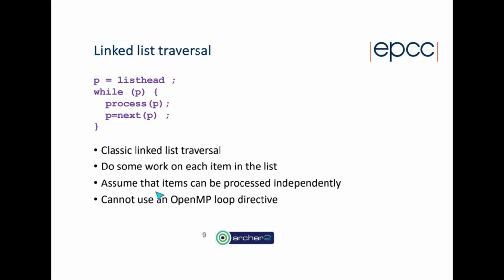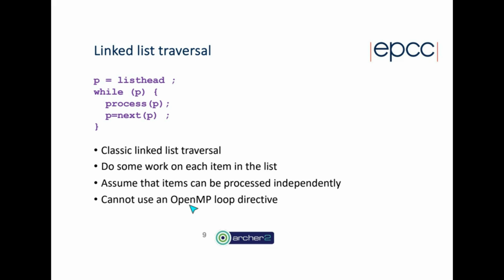So this is an example where we can't use an OpenMP loop directive. We can't use OMP parallel for, or equivalent in Fortran OMP parallel do, to parallelize that, because the restriction on using those directives essentially ensures that the number of iterations in the loop is computable before the loop starts executing.